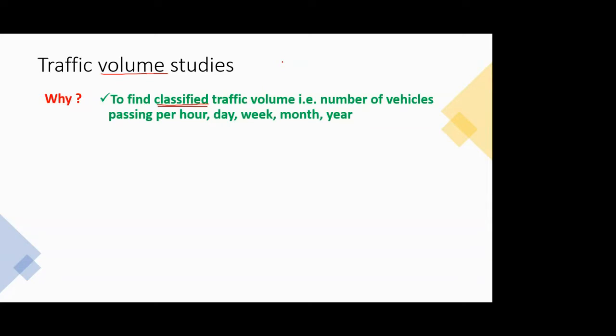There might be some roads in Western countries where you have strictly only 4-wheelers or only trucks, but we'll keep that as 1%. But 99% of the roads in the world have a number of vehicle types running on them, and then you need to find out the number of vehicles.